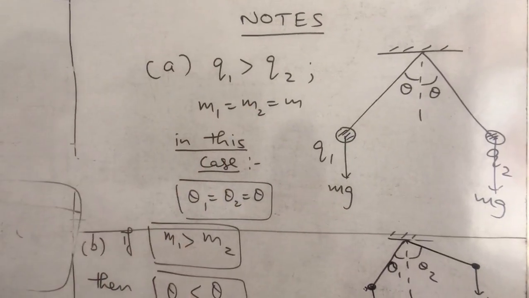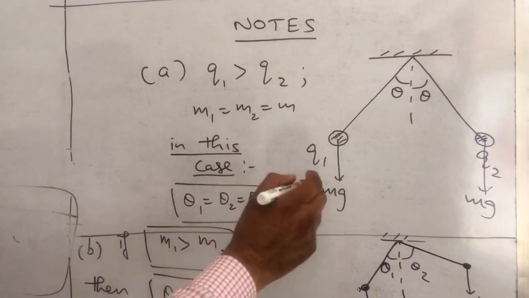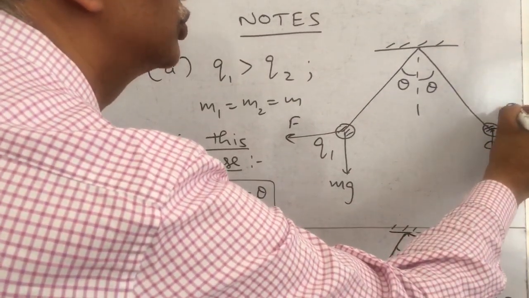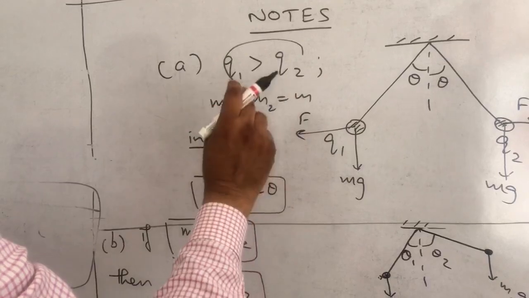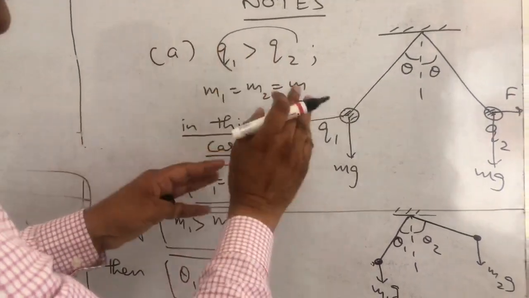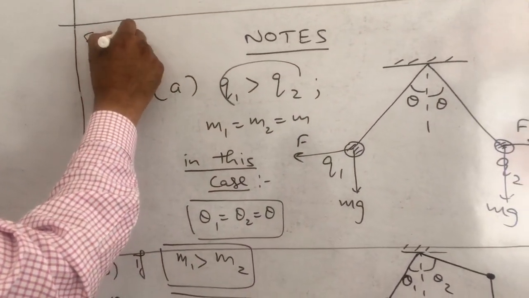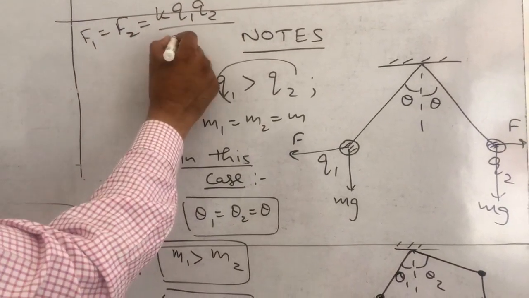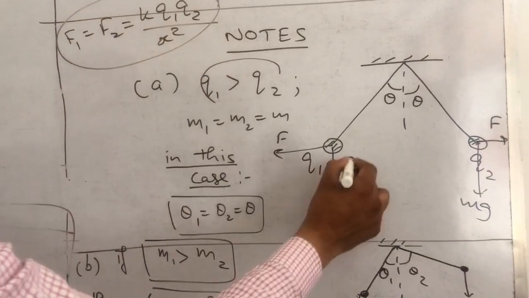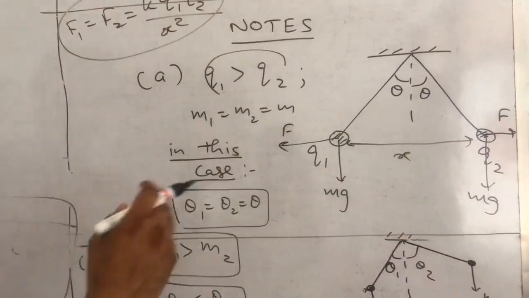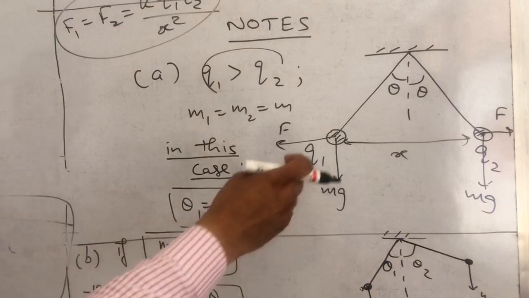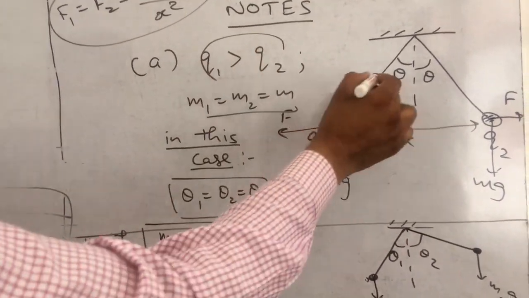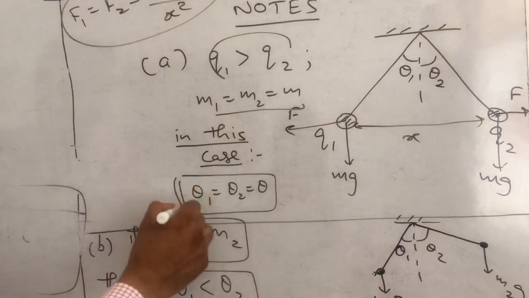When their masses are the same, then mg will be the same, the downward force is the same. Although Q1 and Q2 are unequal, the repulsive force F1 equal to F2 will remain the same, which is k Q1 Q2 upon distance square. Because this repulsive force will remain the same and masses are the same, the downward force is also the same. Therefore in this case, theta1 and theta2 are both equal to theta.